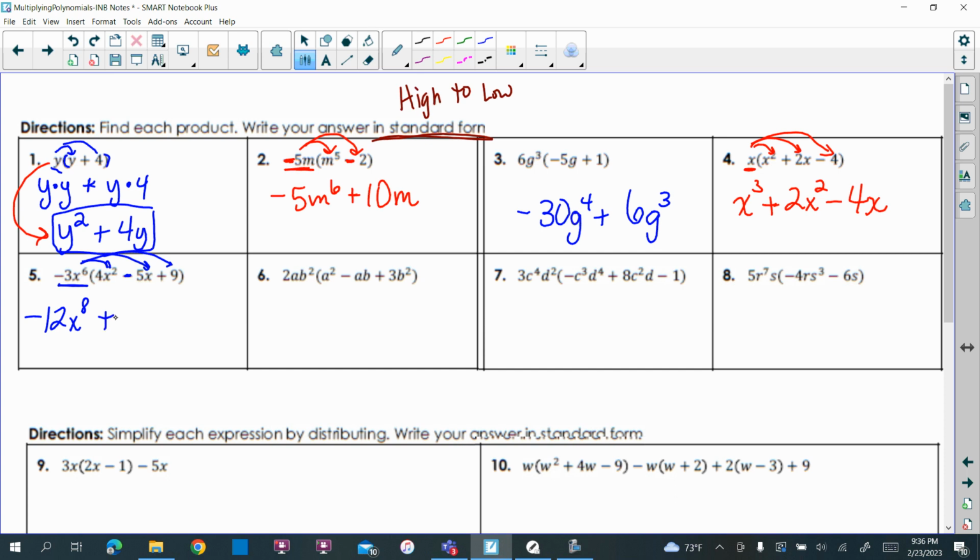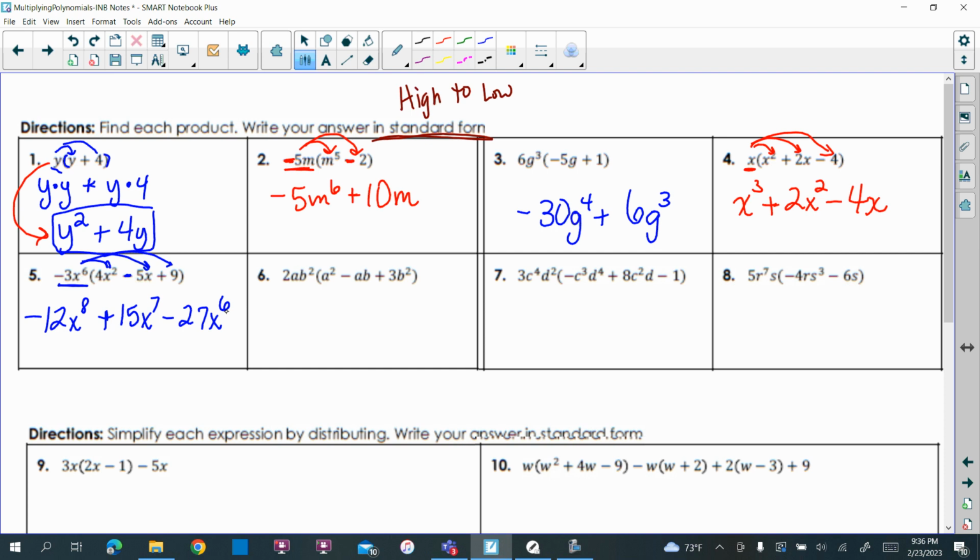Now it makes this positive, so plus 15x to the 5th power. Oh, I said 5th power, that should be, sorry. Let me fix that. I apologize. That is x to the 7th power. And then negative 27x to the 6th.